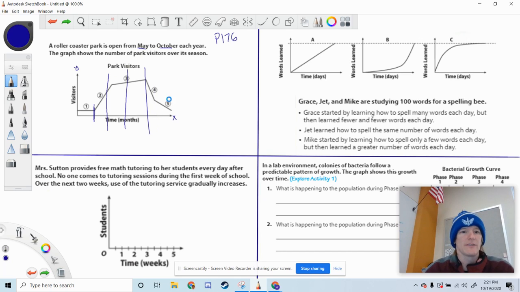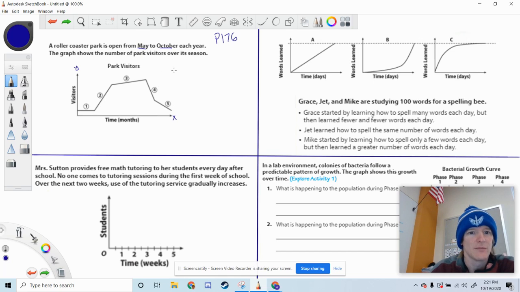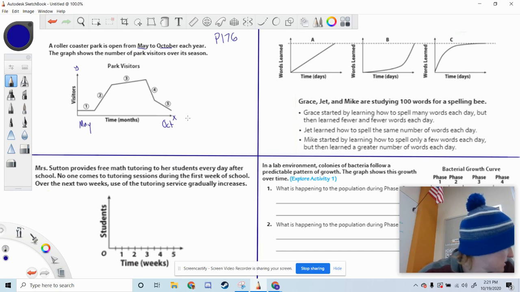We'll have 6 different months here, but it doesn't really matter. They don't need to be exactly spaced out perfectly. But we should recognize that at the beginning of the season, here's May and here's October, which right now it's October in the real world and it's actually snowing. So I'm actually going to use that as an example when we get to October.